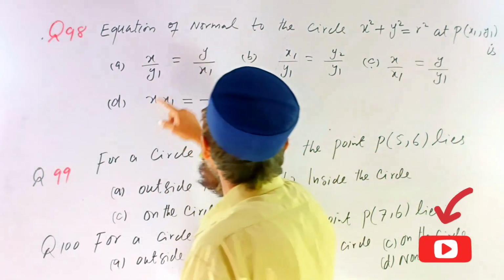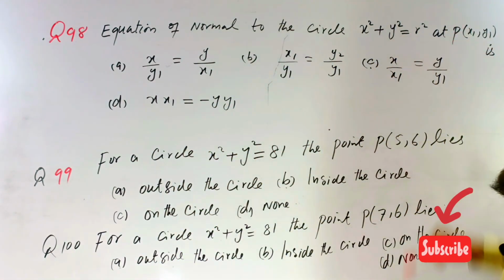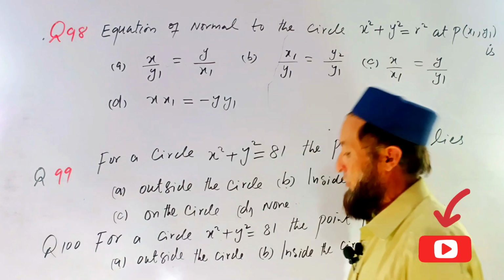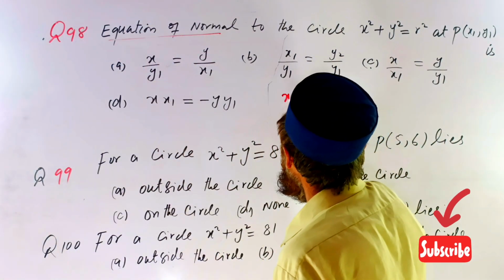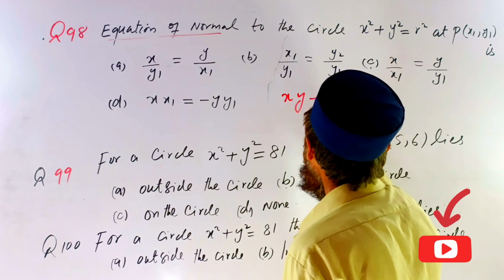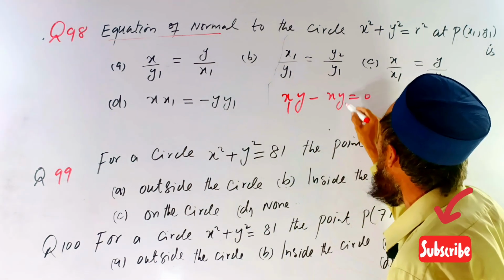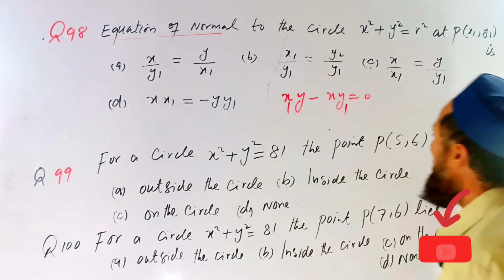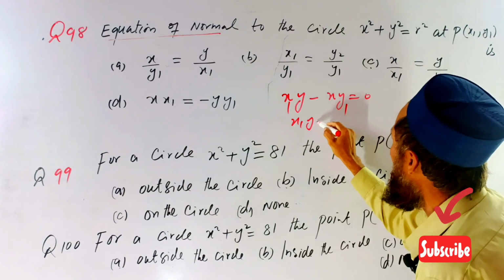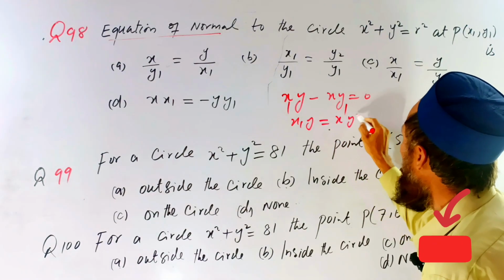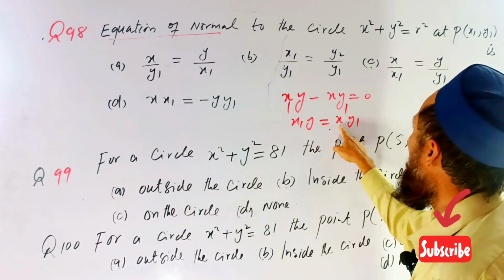The equation of the normal is required for the circle x square plus y square at the point x1, y1. As we know, you must remember the equation of the normal. If we rearrange this, we get x1 y is equal to x y1.